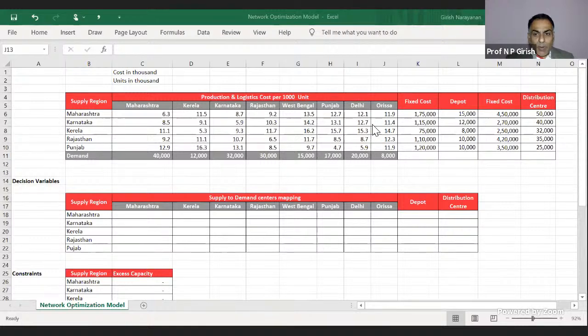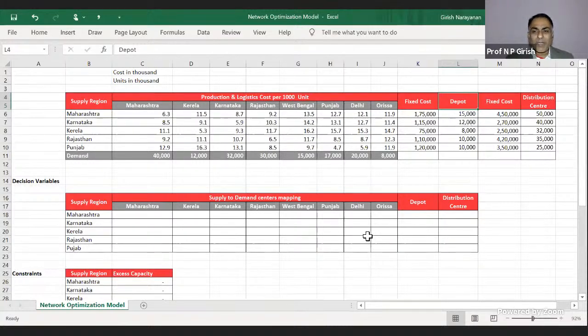The next point we spoke about, we'll cover this and come back here. What is the fixed cost? This is for a depot and this is for a distribution center. So the possibilities are that in Maharashtra, you can either set up a depot or a DC.